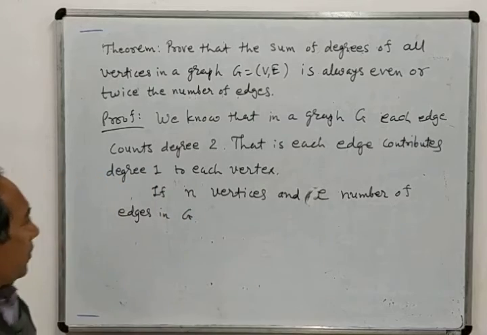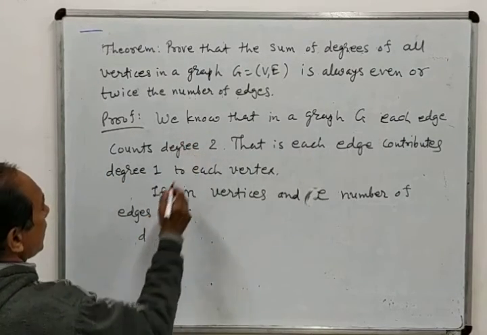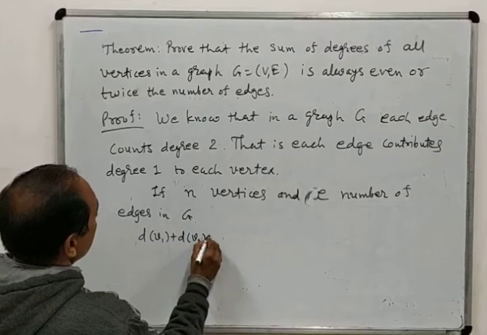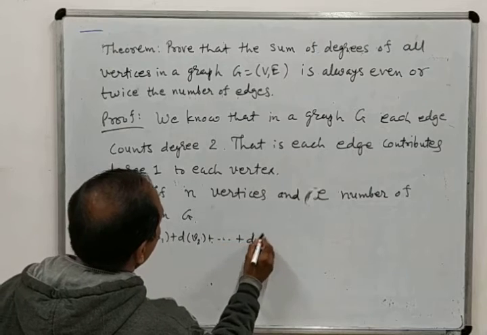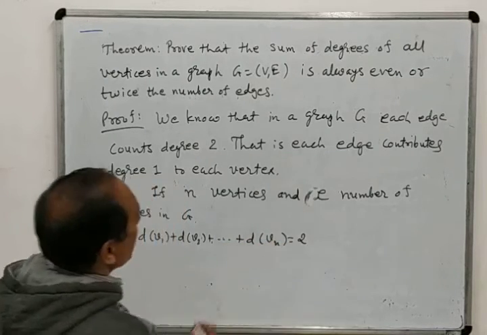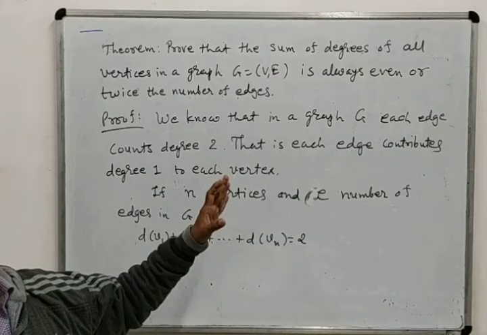Now, by using this sentence, degree of V1 plus degree of V2 plus degree of V3 plus up to degree of Vn is nothing but twice E, because we have seen that each edge contributes degree 2.